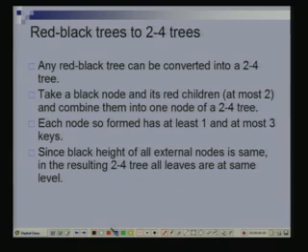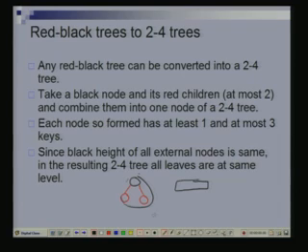Let us see. So just to make sure, what am I saying? We have a black node and we look at its red children. Suppose it had 2 red children. I am going to combine all these 3 into one node.